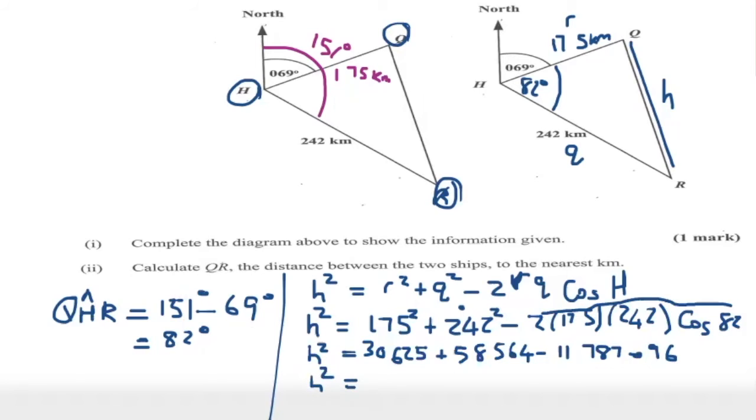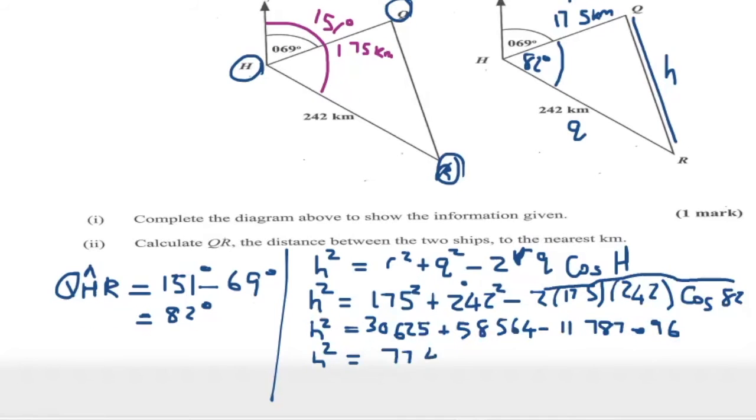The next step is just to find the difference. You're going to add the 30,625 plus the 58,564, and the answer you get, you minus 11,787.96. And the result is 77,401.04.